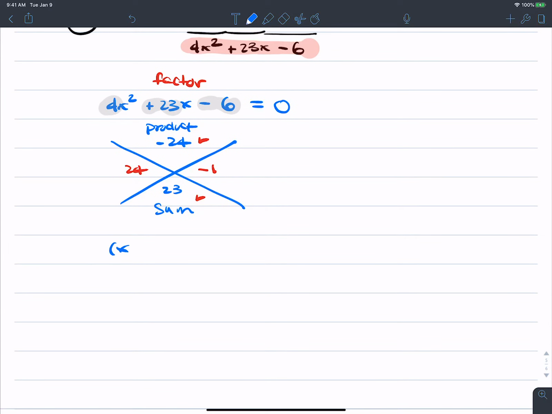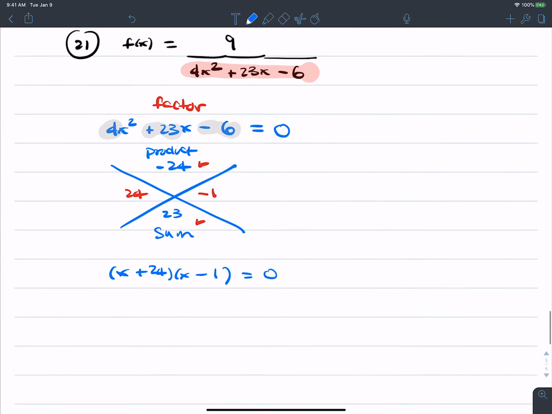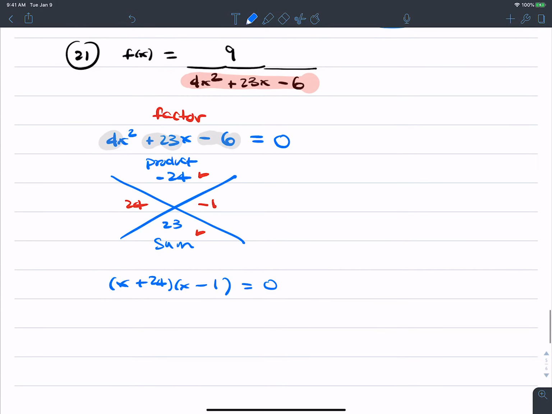So we'll put an x here, an x here. Let's make sure we bring the right signs here. Plus 24, minus 1. But because you have here an a value equal to 4 and it's not 1, we divide the numbers by 4 and we try to get a whole number.